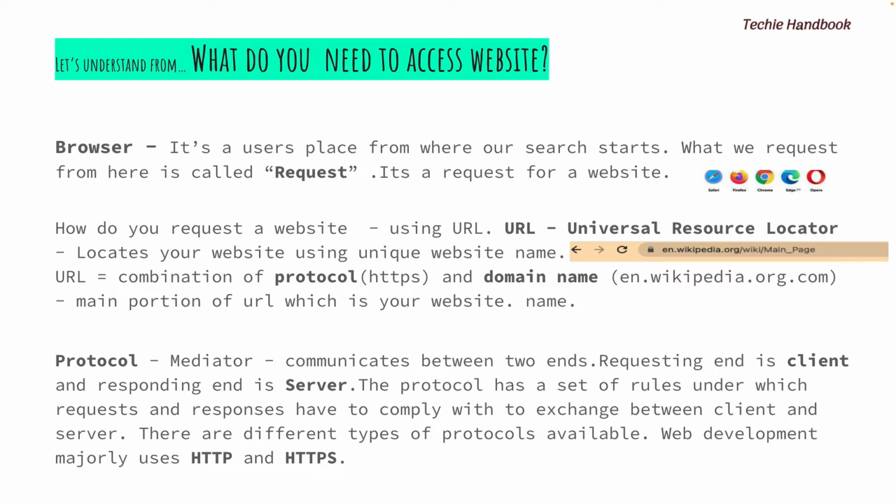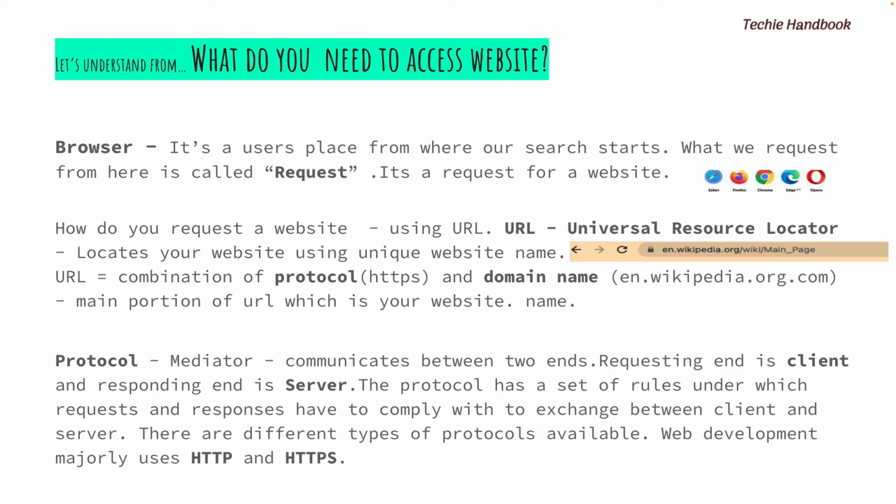We usually request a website and wait for a response. The requesting end is called the client and the responding end is called the server. We need a mediator to communicate between client and server. That is where the protocol comes into the picture.